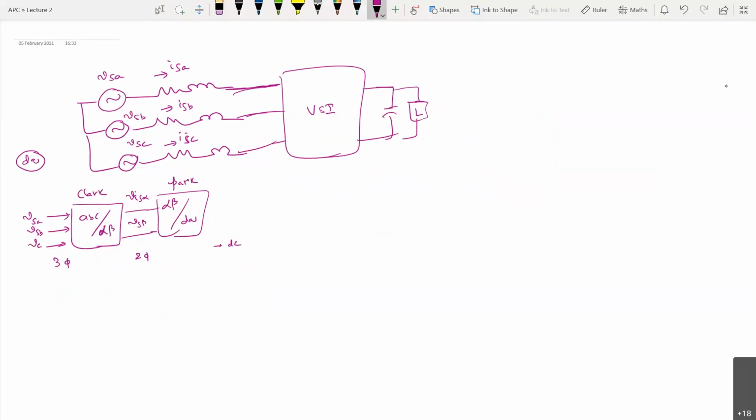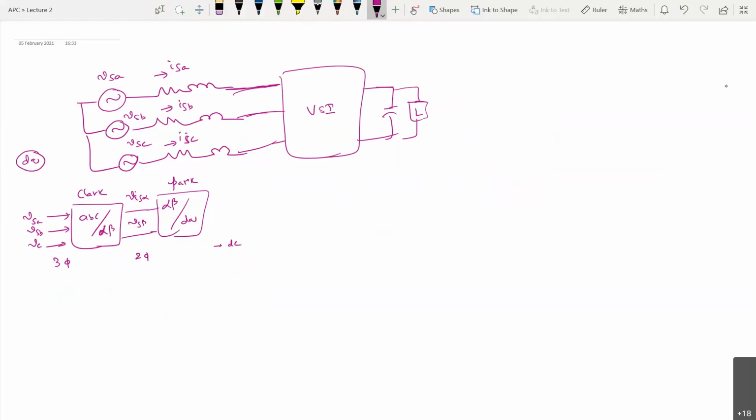From omega, what you require is the angular speed of the reference, and from that angular speed you get the angular displacement, so you require theta.